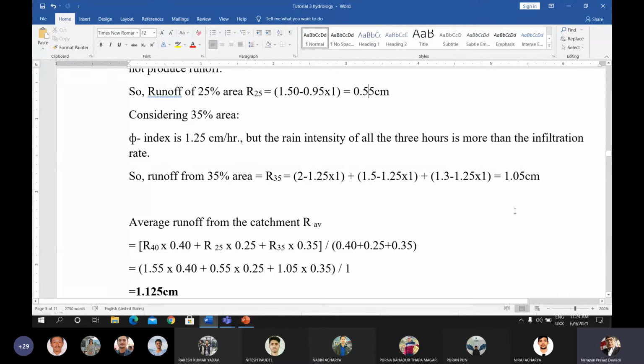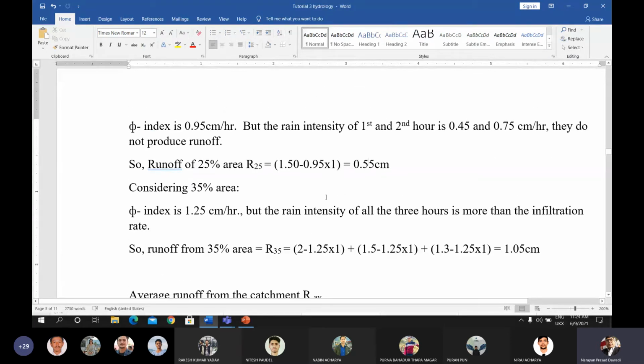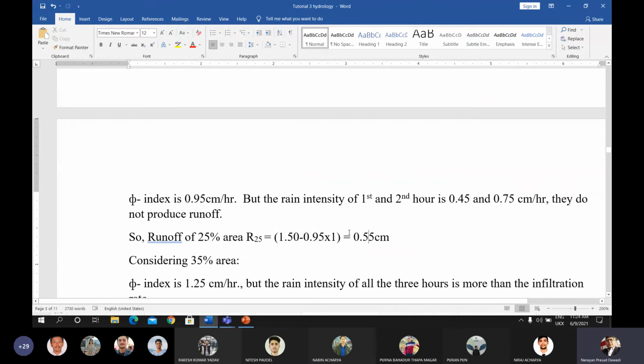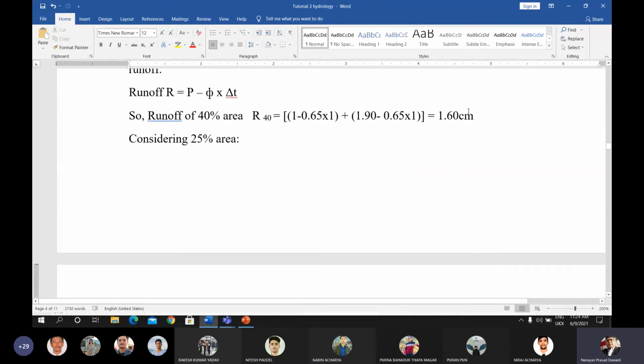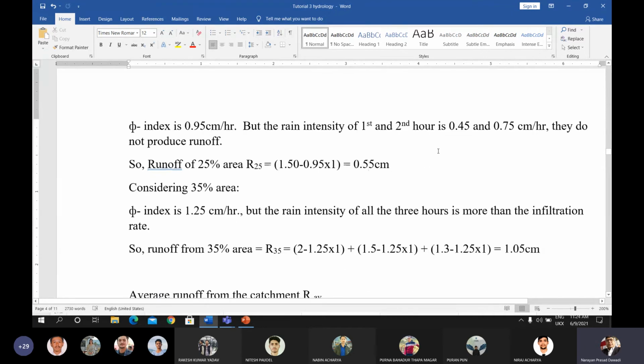Now this is for the 35% area. If you get the total runoff from the area, then the total runoff will be 0.55 centimeter plus 1.05 centimeter plus 1.60 centimeter as the total depth of runoff.